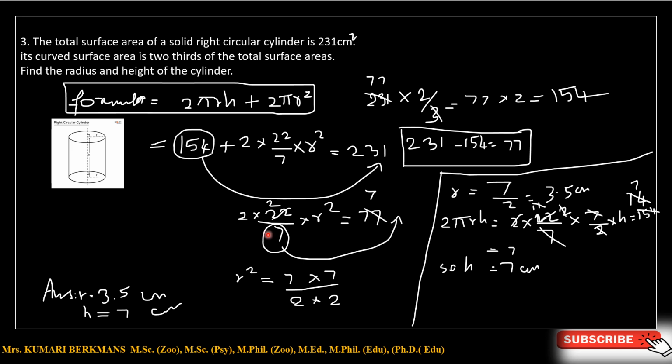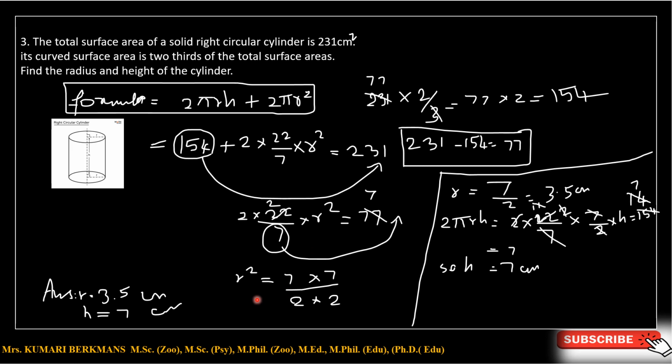So now we are taking this 7. Before taking the 7 here, we are dividing this by 11, so we are getting 2, and 77 by 11 is 7. So we simplify this, then we take this 7 here, so it becomes 7 into 7, and here it is 2 into 2.